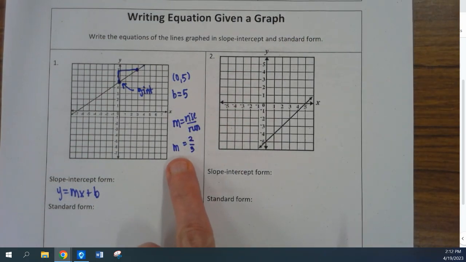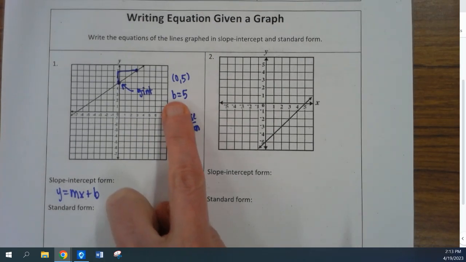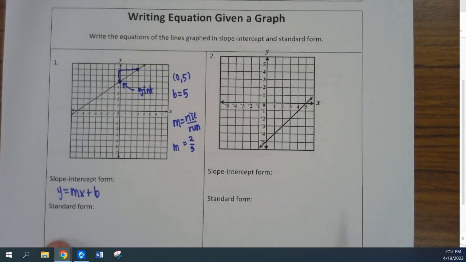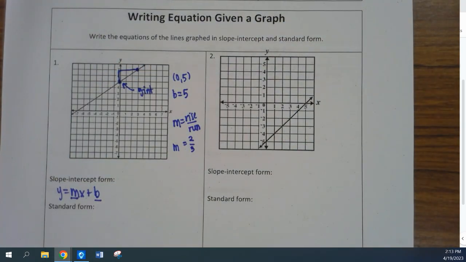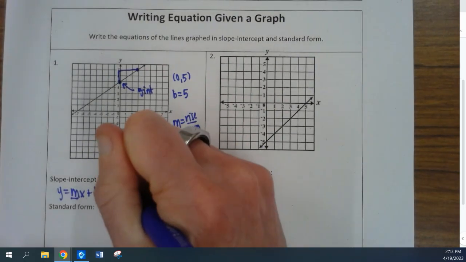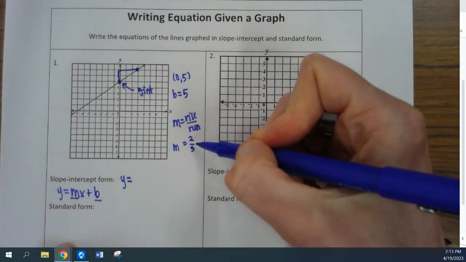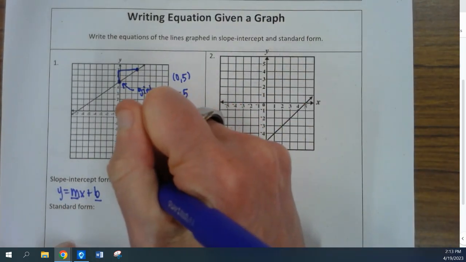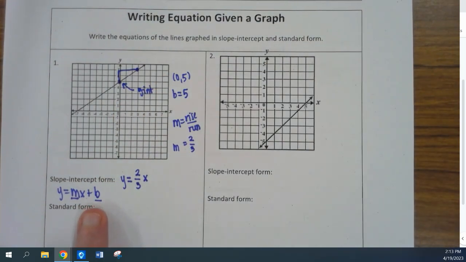Once I have my value for slope and my value for y-intercept, my m and my b, I can put them into the slope-intercept form and replace m and b with those values. So instead of y equals mx plus b, we're going to put y equals, we're going to replace our slope with the value we found, in this case 2/3, then our x, and then our plus b.